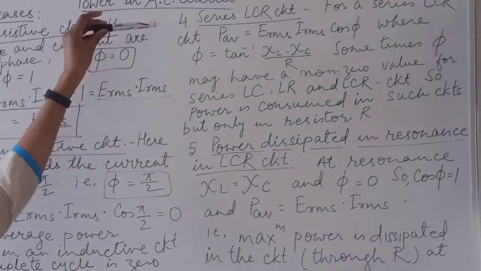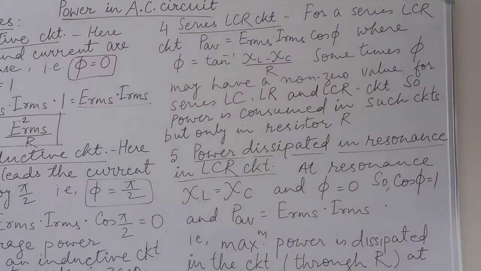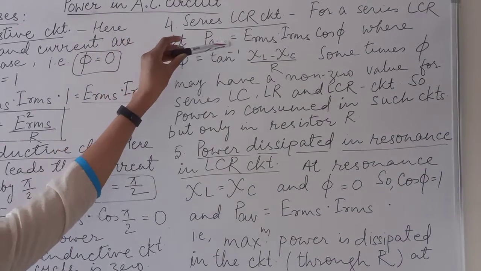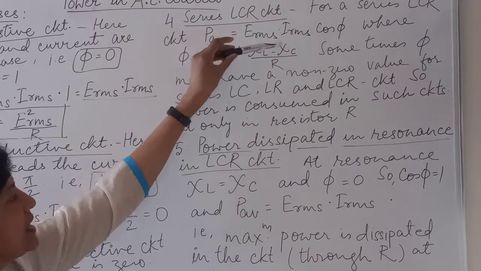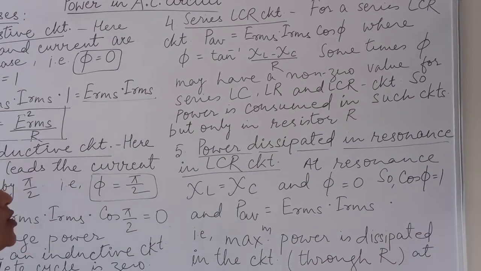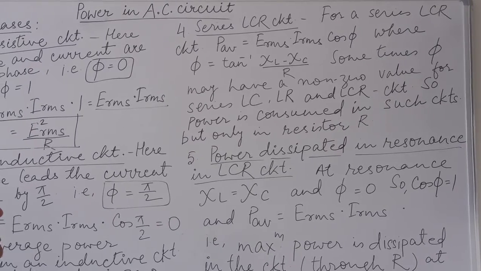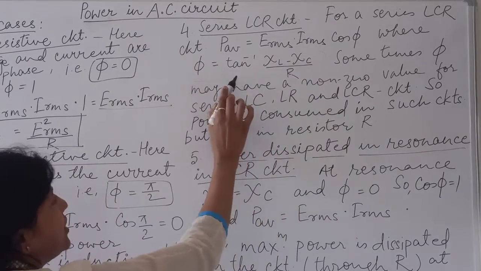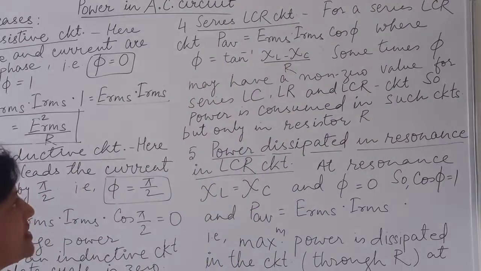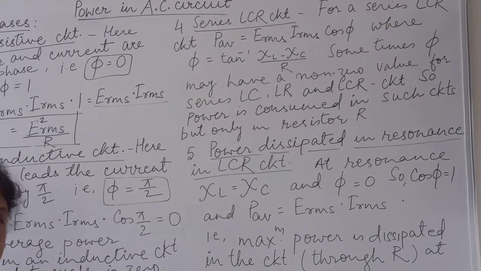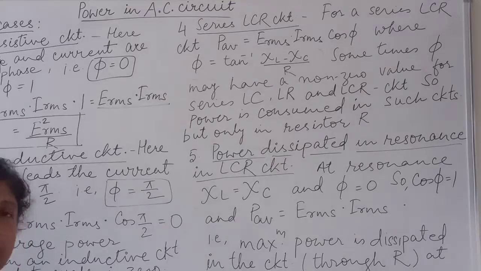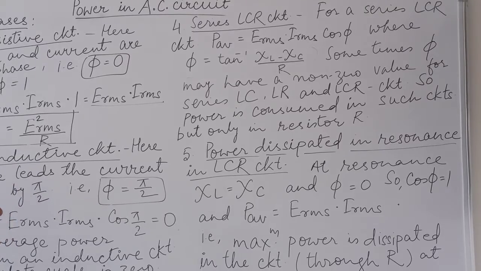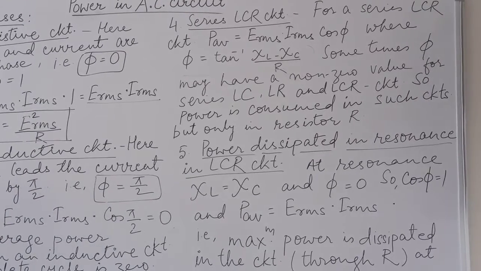Fourth case is series LCR circuit. For a series LCR circuit, P average is equal to E RMS into I RMS cos φ, where φ is equal to tan inverse of (X_L - X_C) upon R. Sometimes φ may have a non-zero value for series LC, LR and LCR circuits.